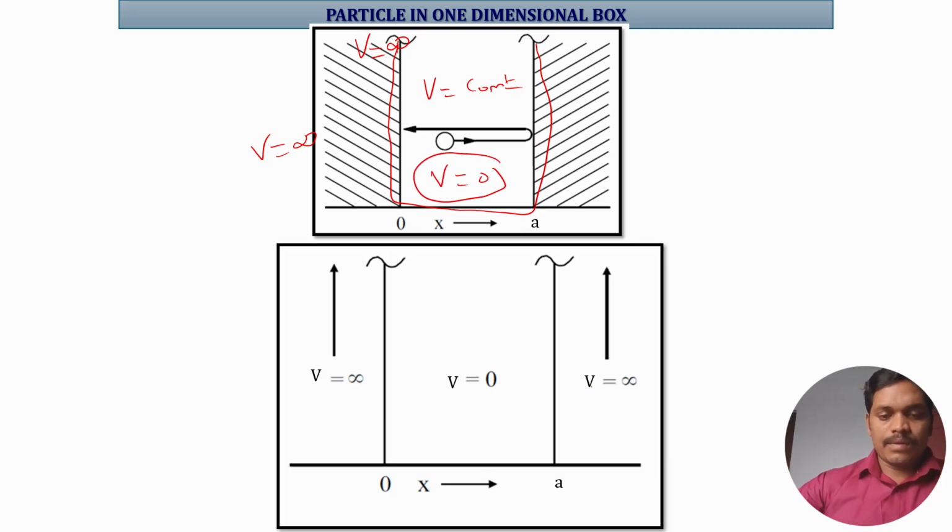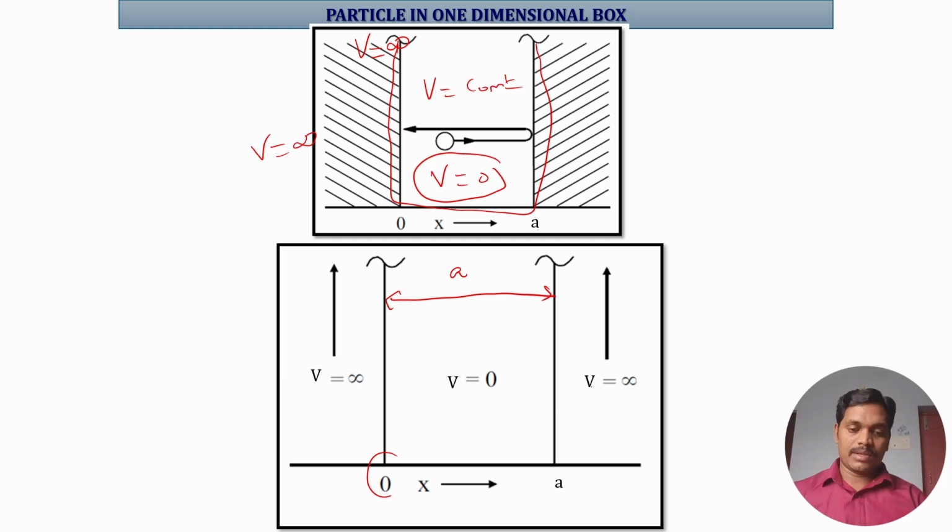So this is what we have mentioned here, and make sure that the potential well is having width a. So this is a very important assumption. So it is 0 to a. So that is the boundary condition where we are going to apply these two conditions. Initially we can apply the boundary condition as x is equal to 0 and x is equal to a. This is the width.